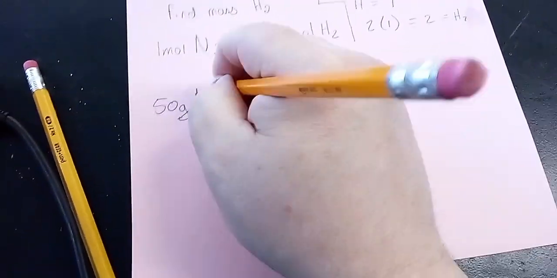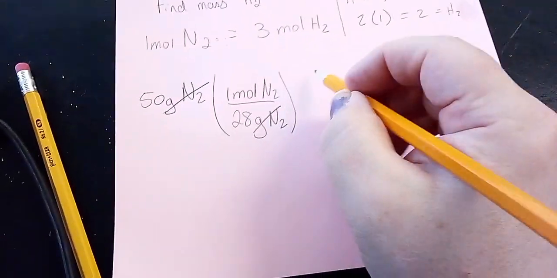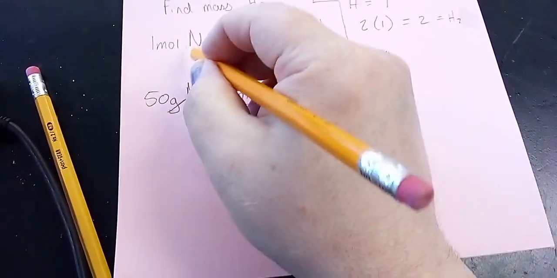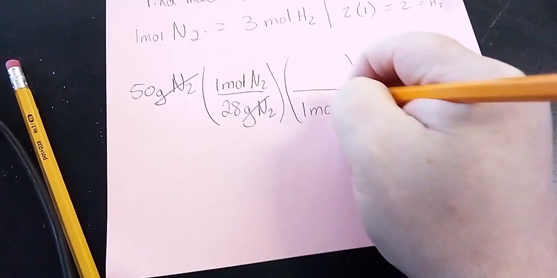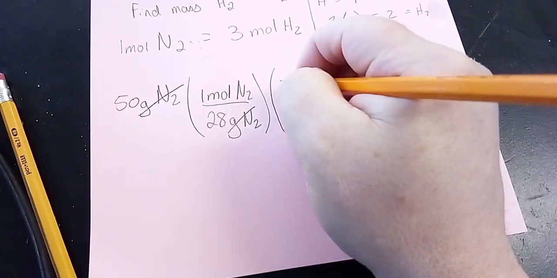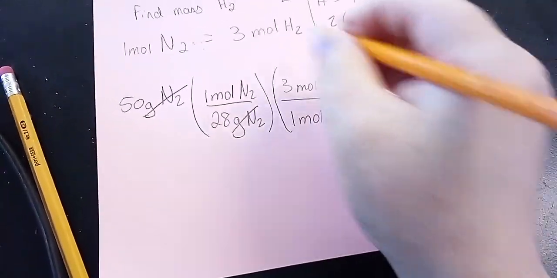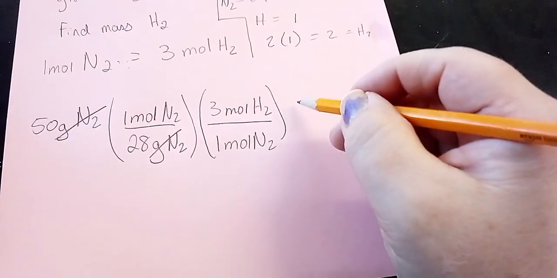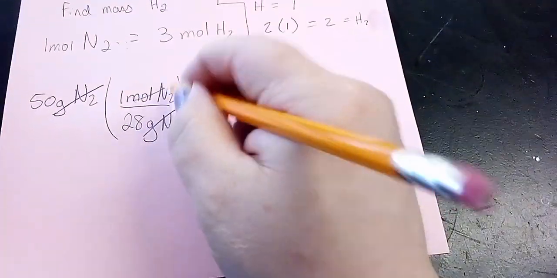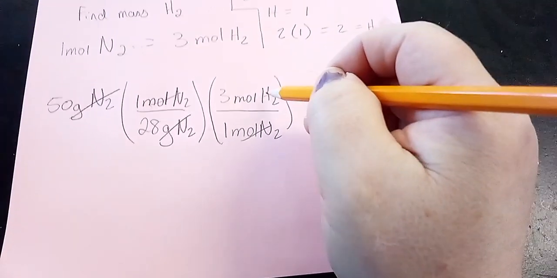Now this cancels out, this cancels out. So now the units that I have are moles of nitrogen. So now I have to use the ratio of moles. So 1 mole of nitrogen will react with 3 moles of H2. That's from the equation. And now this cancels out, this cancels out. So the units are moles of hydrogen.